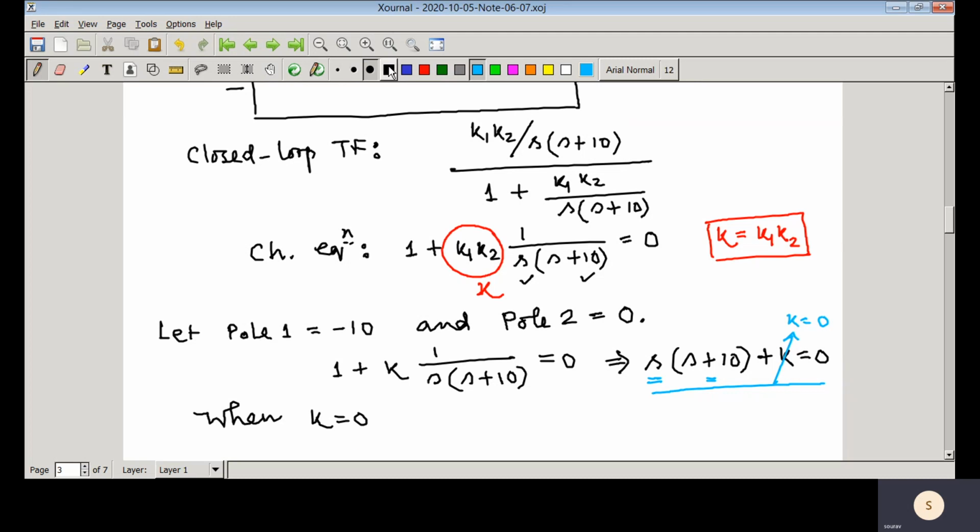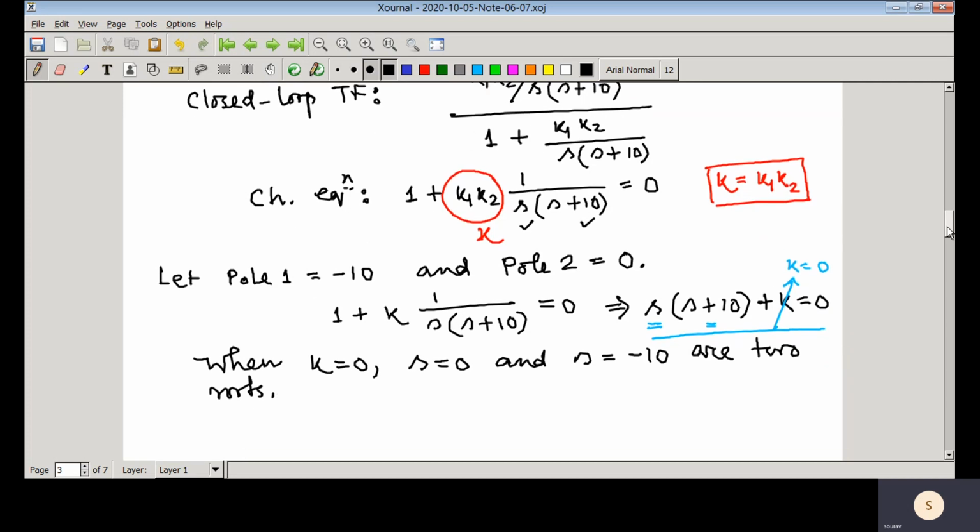So that means when k equal to 0, s equal to 0 and s equal to minus 10 are the two roots of the characteristic equation. So from here it is clear that whenever k equal to 0, then s equal to 0 and s equal to minus 10 are the two roots of the closed loop system.